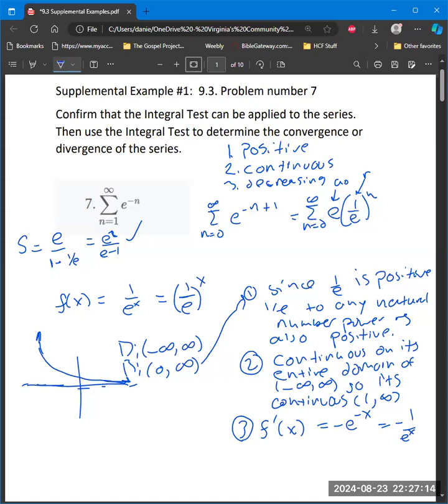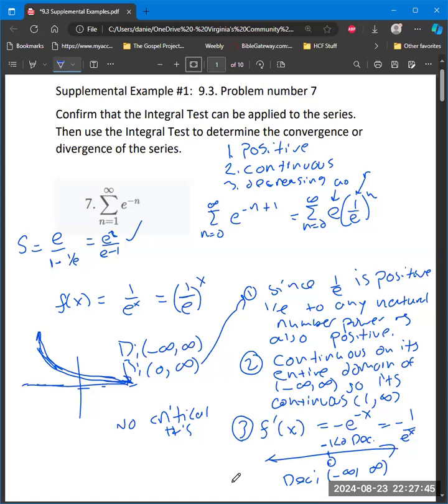No critical numbers here, but if I pick a test point like 0, this is going to be negative 1, so it's less than 0 and decreasing everywhere. It's decreasing from negative infinity to infinity, which I see on the graph, but I just proved it with calculus.